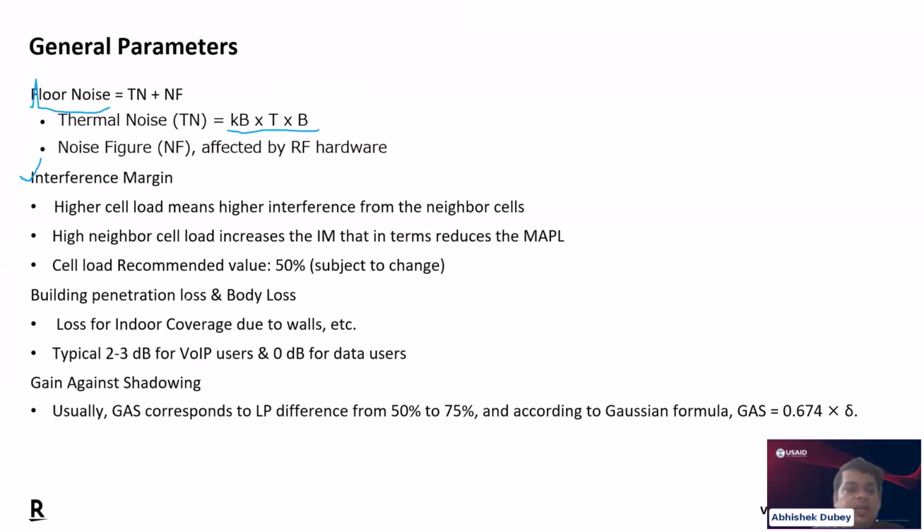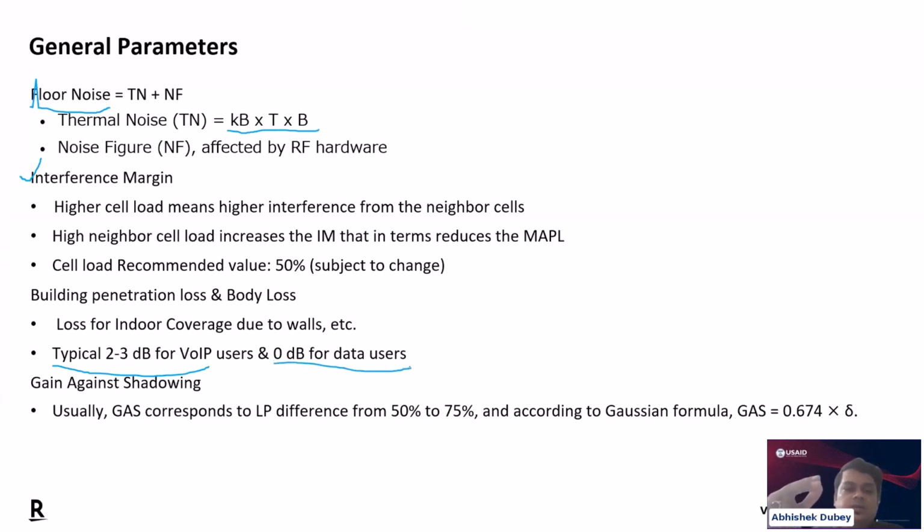And building penetration loss, body loss. Because of indoor and outdoor, your losses can increase building by building. So there are different types of buildings you need to consider. You need to see what losses you are going to get from different kinds of buildings, and you need to consider those values. And for body loss, typically 2 to 3 dB we observe for VoIP, and for data it's 0 dB.